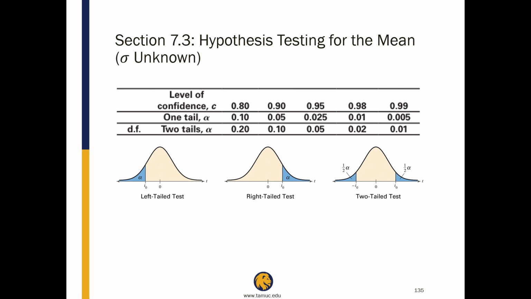But here, for the most part, all we have to remember is, do we use positive or negative, or do we use both when we're setting this up? The picture here shows in the left-tailed, the left side is where a negative number for the critical value would be. On the right tail, the critical number would be positive, but for two tails, we use both a negative and a positive on both sides.